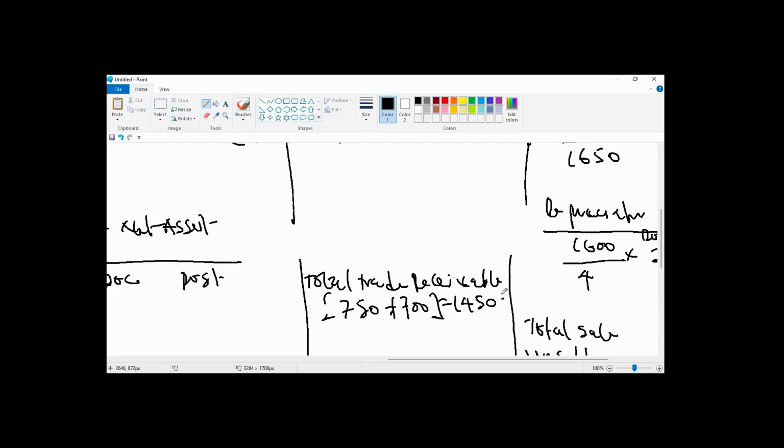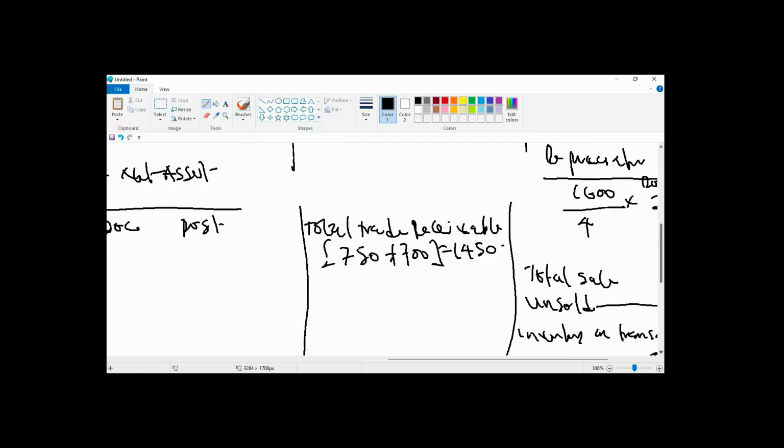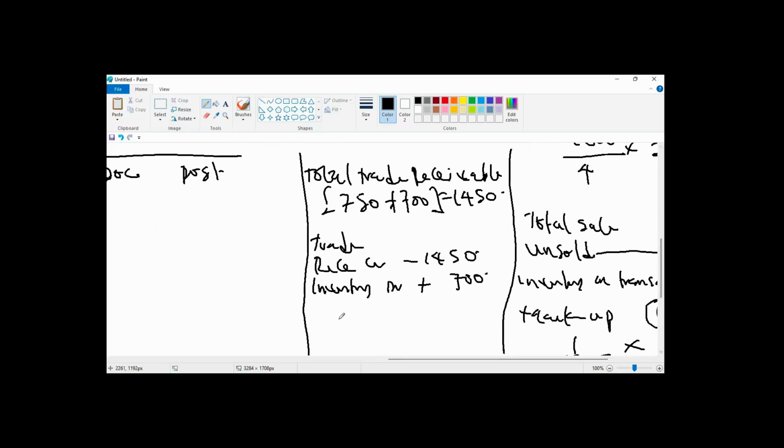So what will now be the accounting entry, my brothers and sisters? Very soon. I will now say the total trade receivable, credit minus 1,450. Inventory that is in transit, I will debit plus 700. The balance now, I will have trade payable, debit. Ask me a question.